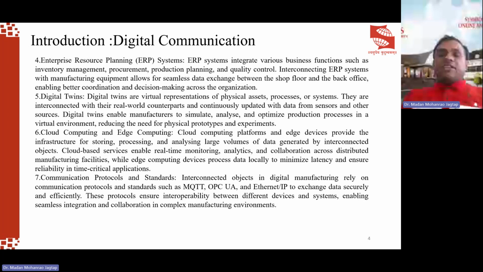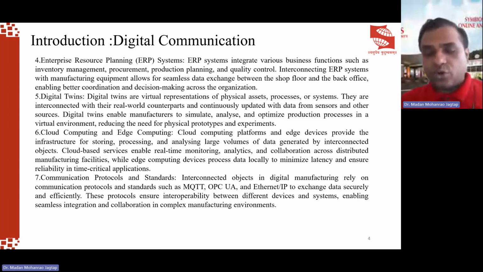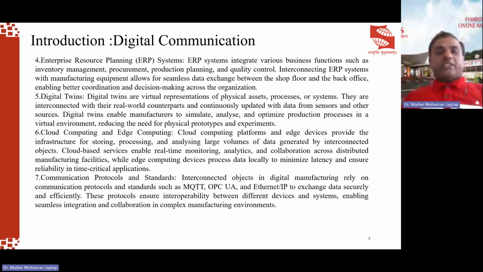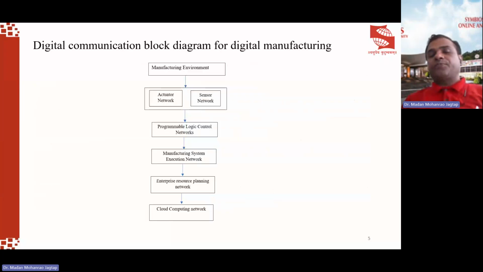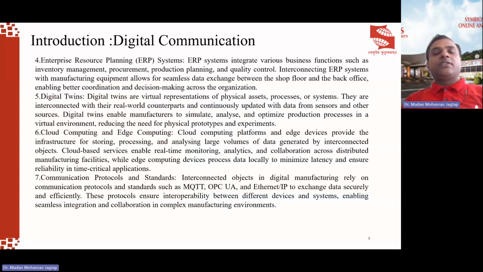As we know, there are various protocols in online communication. MQTT is one of the protocols, which was invented by IBM for transferring data from one system to another or one location to another location.